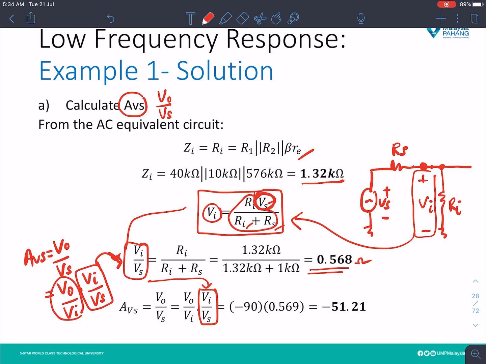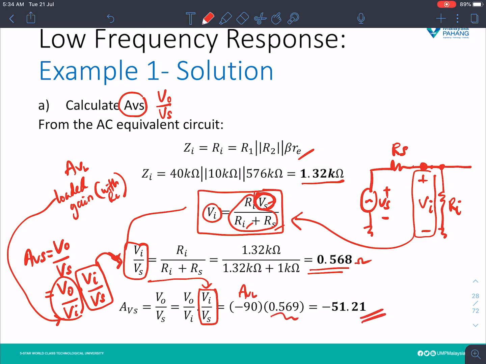So in this case, the voltage divider is a loaded gain with RL. This is from the previous calculation, we get the AVL here, and this is the new one.